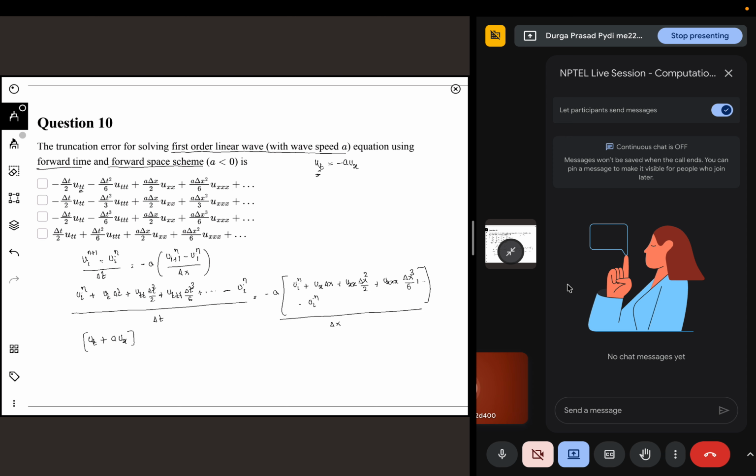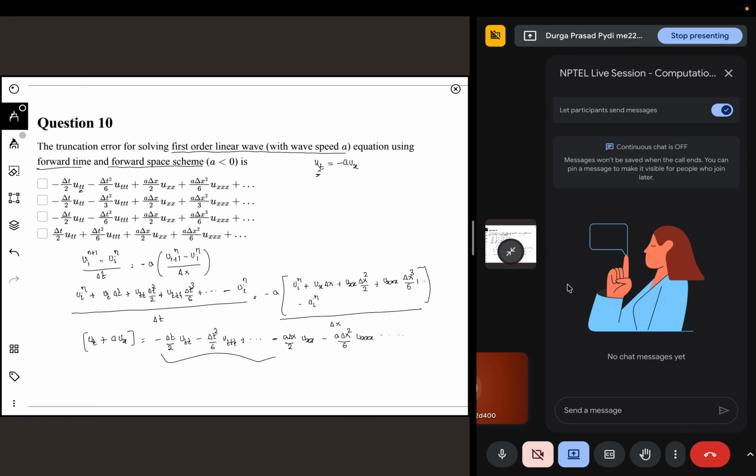If we take this onto the LHS, so we have minus delta t by 2, minus delta t square by 6, and so on, and then we have here minus a delta x by 2 and so on.